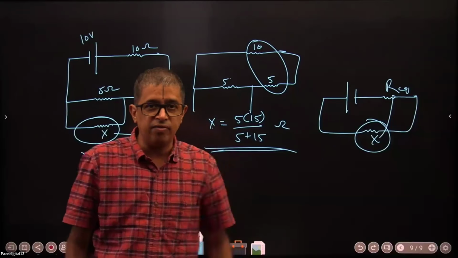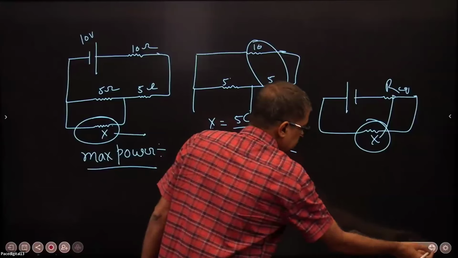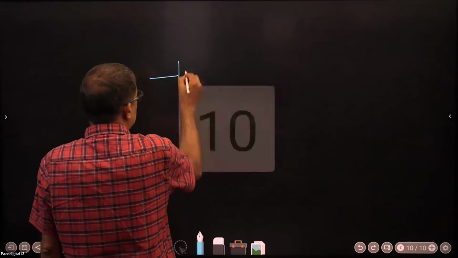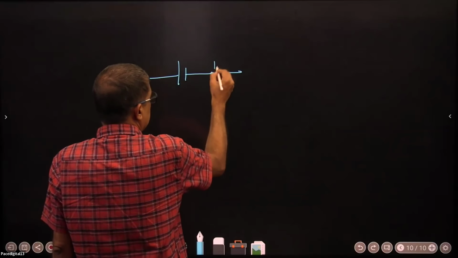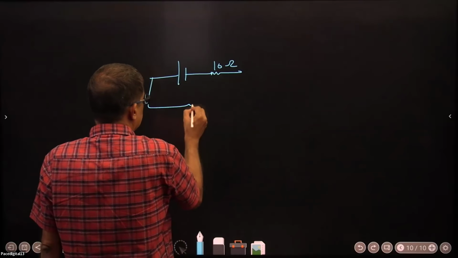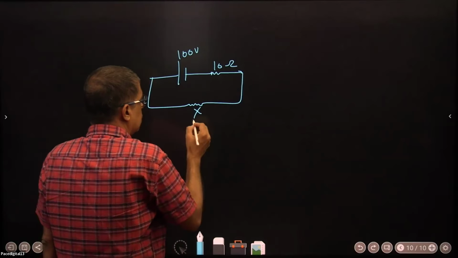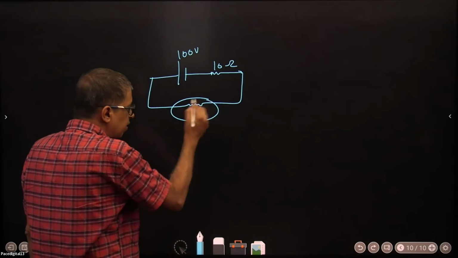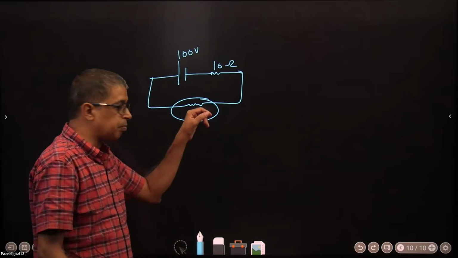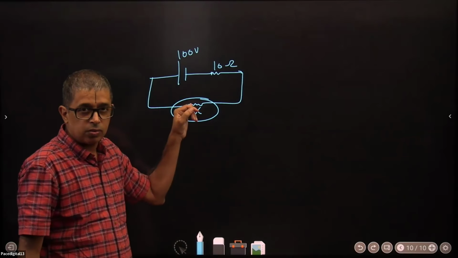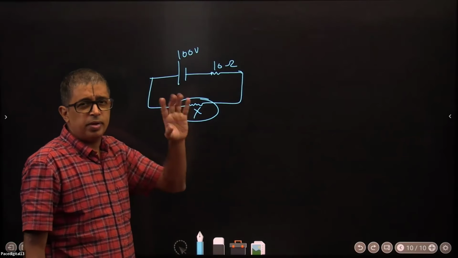One specific clarification in the maximum power transfer theorem. Suppose I tell you this is 10 ohms. This is the unknown resistance X. What should be the value of X for maximum power through X? It should be 10.